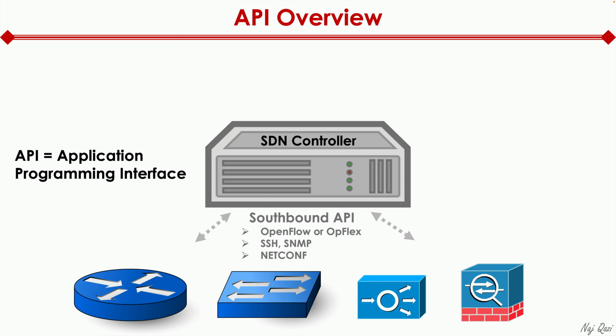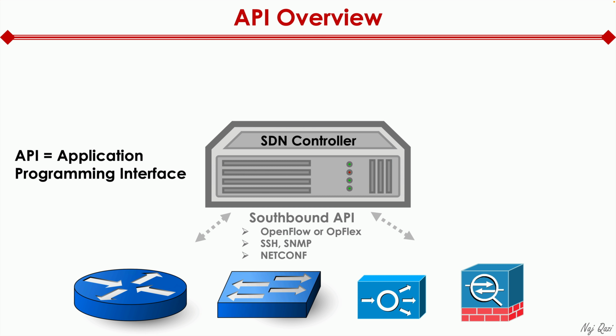Now, an SDN controller has northbound APIs and southbound APIs. When it comes to southbound APIs, these are the APIs that speak to the south of the SDN controller. Network devices like routers, switches, firewalls, load balancers, you name it. Any network appliance that is managed by the SDN controller is fair game here.